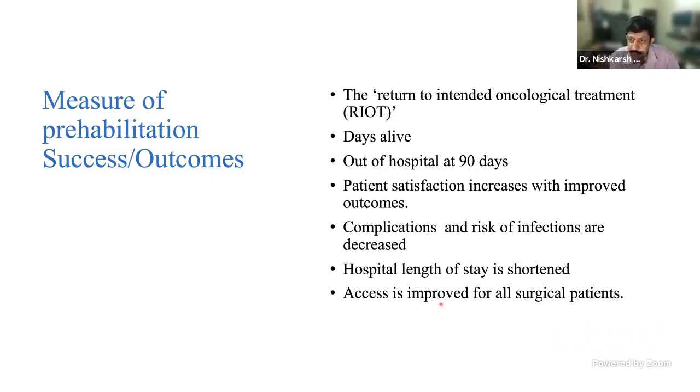So return to intended oncology treatment is a good metric to measure, which in turn suggests that, of the patients planned for oncology treatment, how many are able to complete it is a good measure of the success of prehabilitation. Days alive and out of hospital at 90 days, and others like patient satisfaction, complications, hospital length of stay, and overall access are also important.